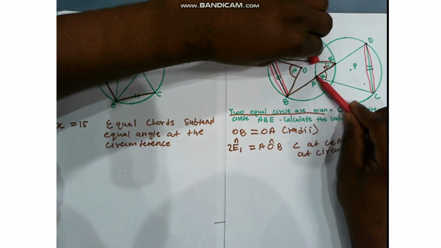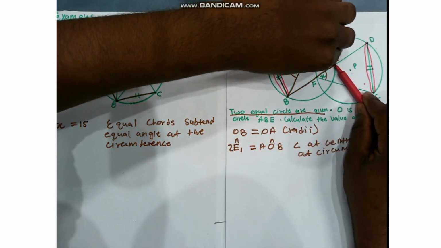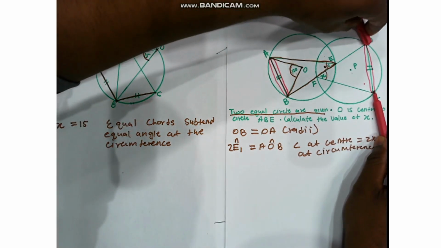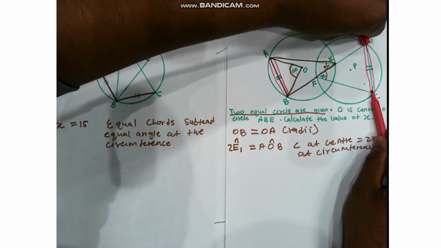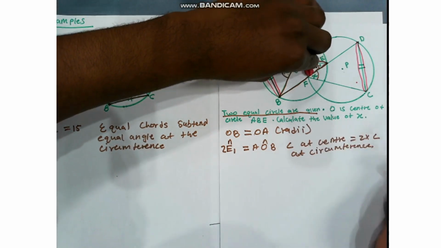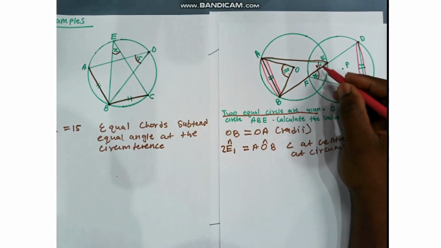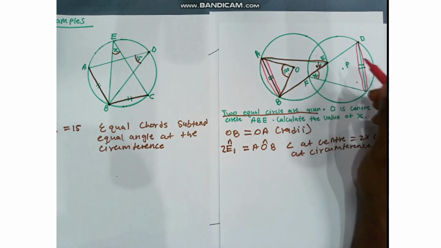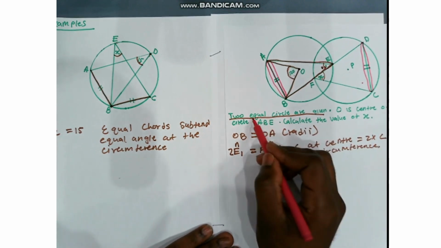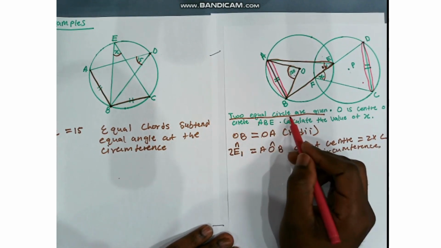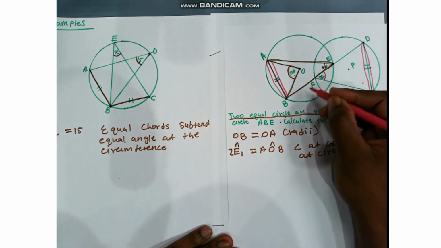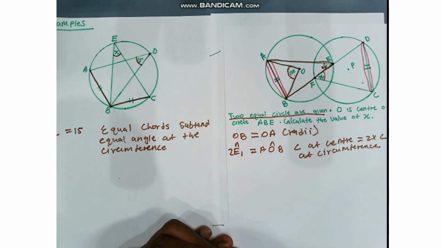Then you go to the other chord, place it at its ends, go here. So now what is this saying? It's saying our x is equal to E1. The reason: equal chords of equal circles subtend equal angles at the circumference, here and also this one, it's circumference.